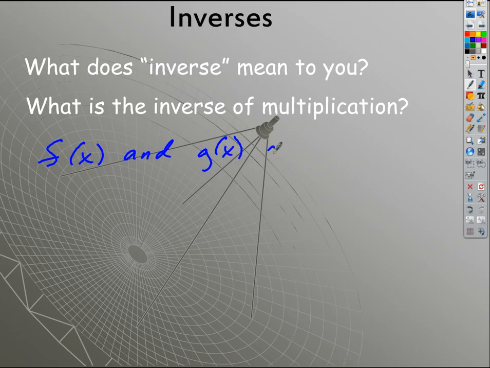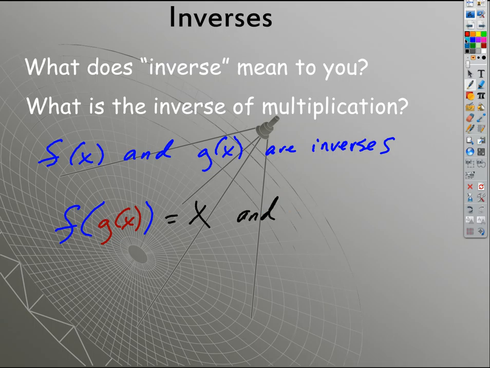If f of x and g of x are inverses, then this is what has to happen. If I nest the two, if I take a composition of the two functions, f of g of x has to equal x, and g of f of x has to also equal x. That must be true if these are going to be inverses.